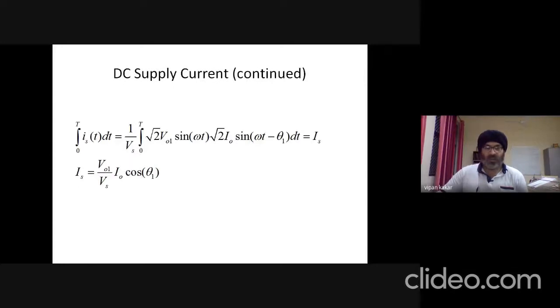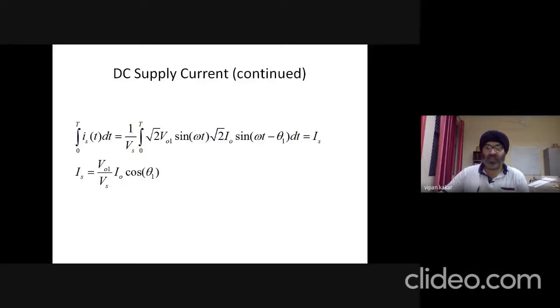Okay, so from 0 to the complete time period, this will be our supply current, instantaneous value, which is equal to the fundamental component of voltage, sinusoidal, multiplied by the fundamental component of current, having a phase angle due to the presence of inductance, which is equal to the supply current.